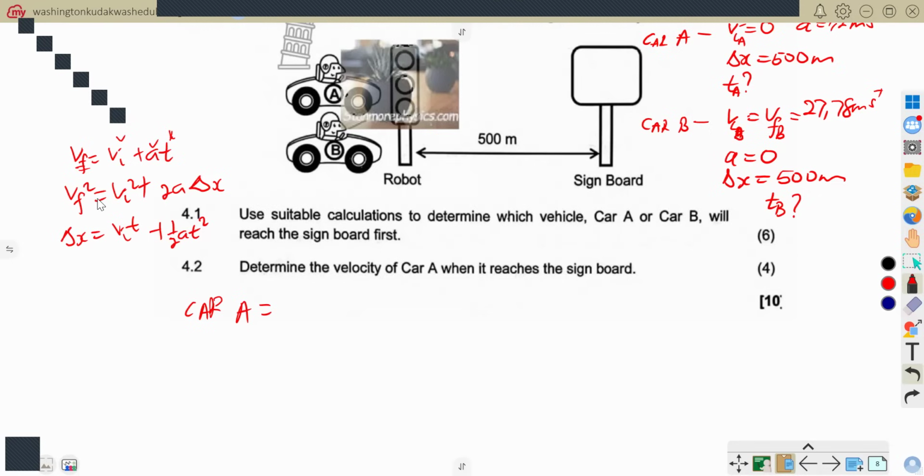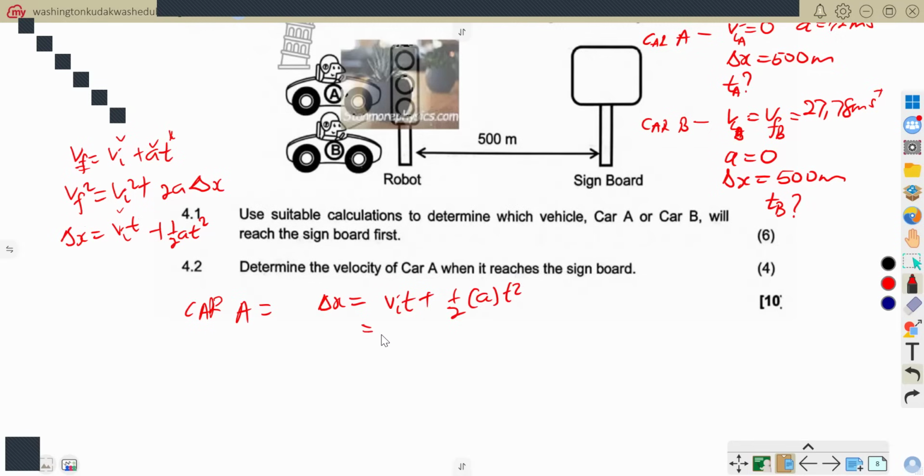For car B, we are also not given the final velocity. Now, the equation that we can use is delta x equals v_i t plus half a t squared, because we have initial velocity, we have acceleration, and we are looking for time. So my change in displacement is equal to initial velocity times time plus half of my acceleration times time squared.